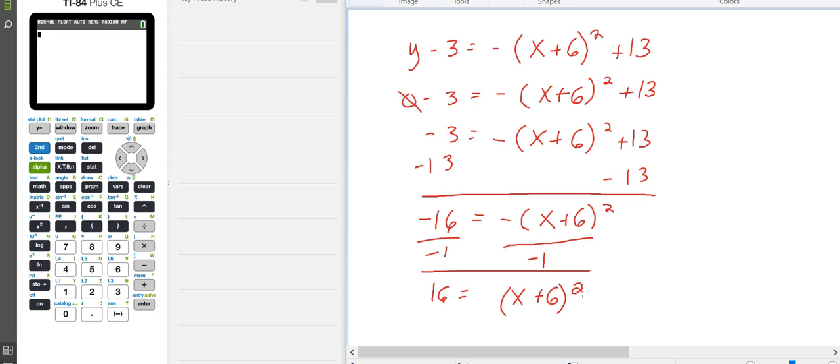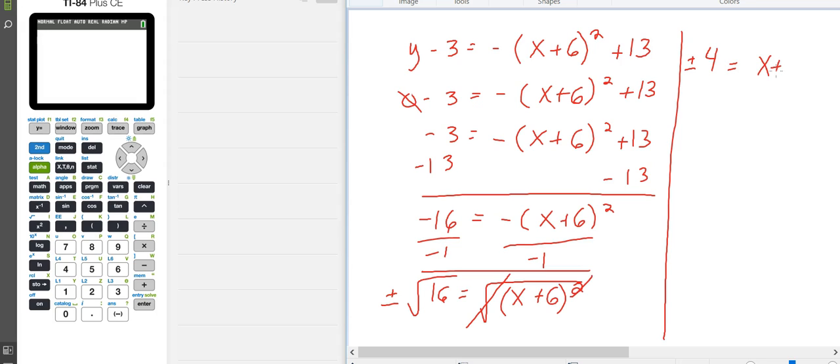Now we want to get x plus 6 alone. We're going to take the square root of this side and take the square root of this side. Since this side is a number, it's plus or minus the number. The square root of 16 is 4, so positive or negative 4 is equal to, when we have the square root of something being squared, they cancel each other out. So plus or minus 4 is equal to x plus 6.